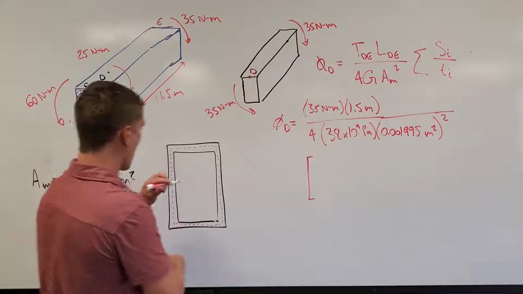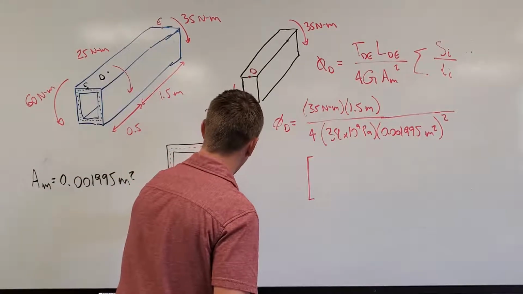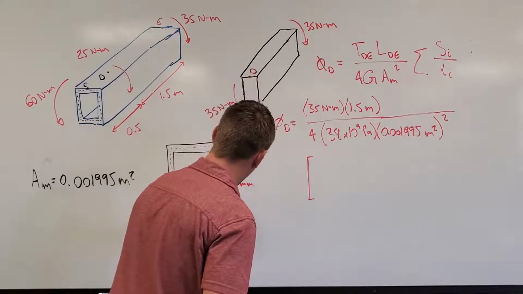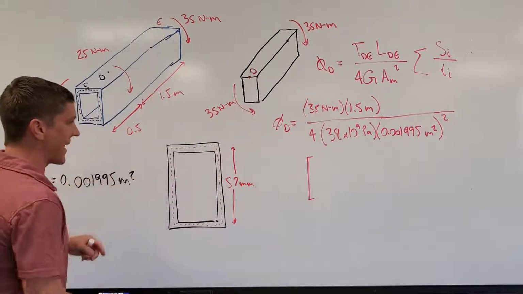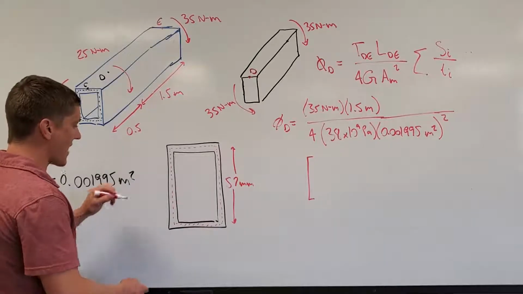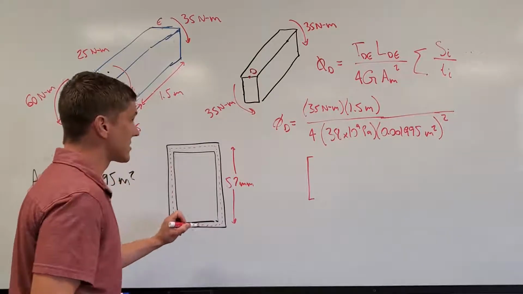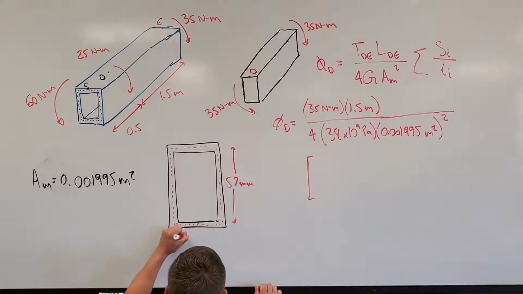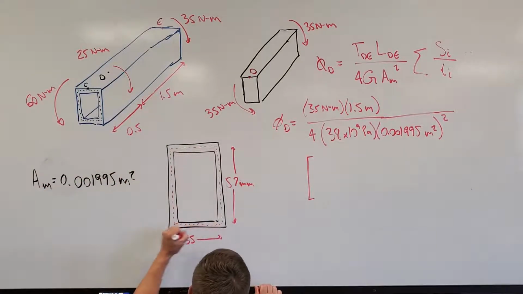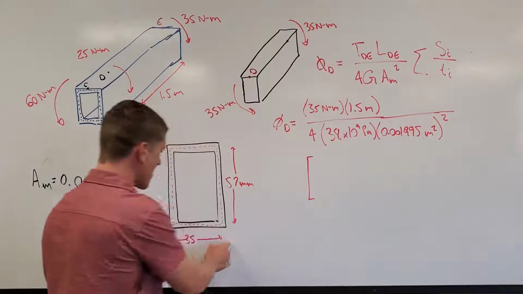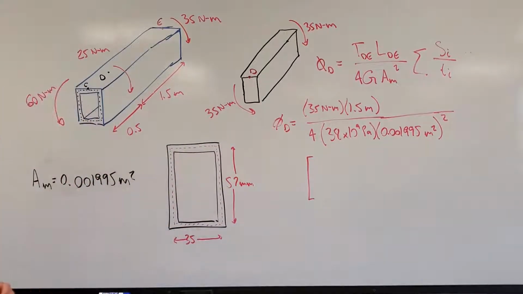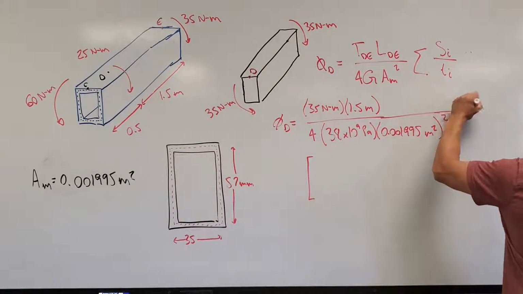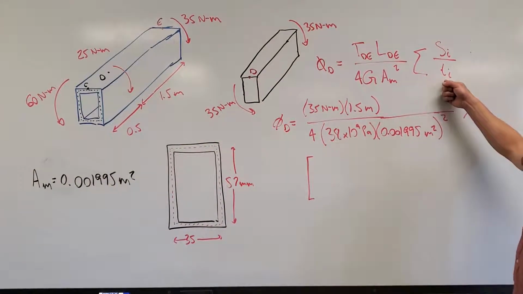So this mean length, remember, was 57 millimeters tall, because we had that 60 minus that 3. And then this one, I already forgot what it was, yeah, this one was 35, because we have the 40 minus the wall thickness of 5. So I'm going to go ahead and make this summation.